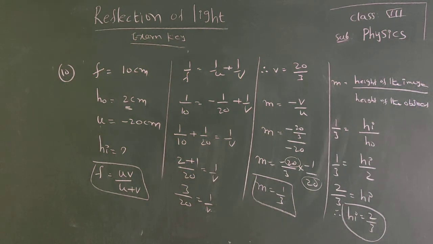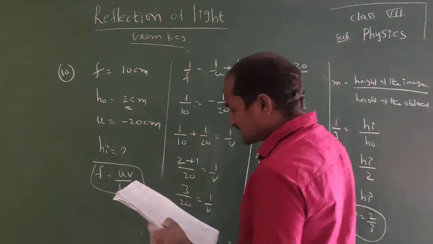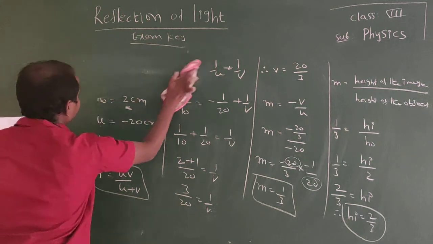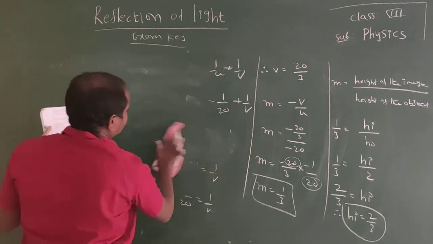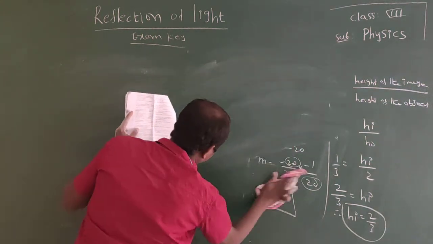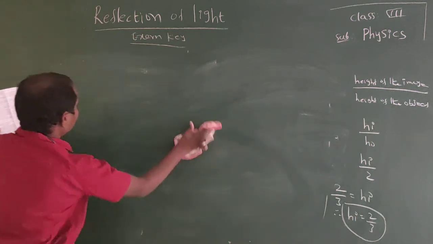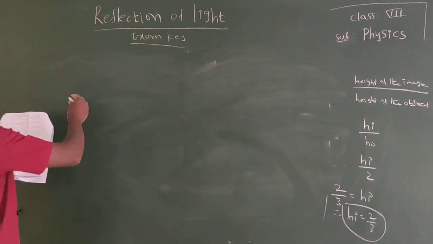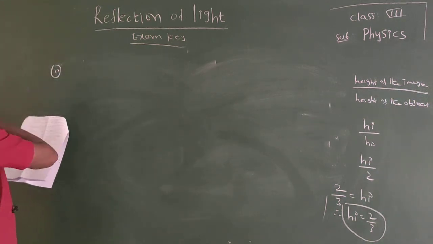Okay. Next one. An object is placed at a distance of 30 centimeters from a concave mirror of focal length 20 centimeters. What will be the image? 11th one.